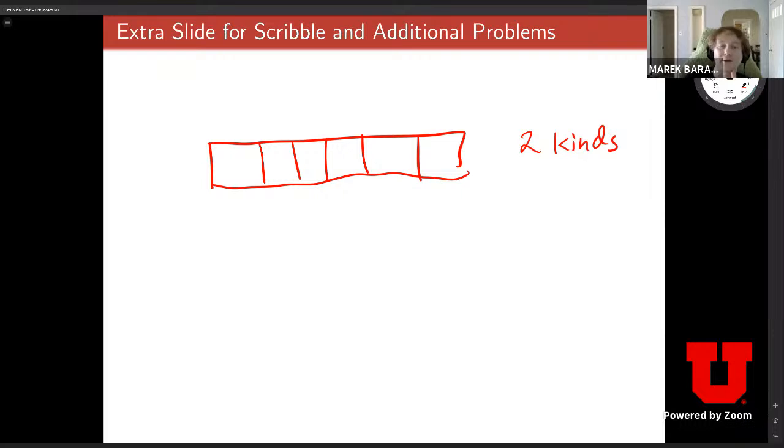We say, okay, we have 0 to 5 of each of these things. So we can have 5 total items, right?